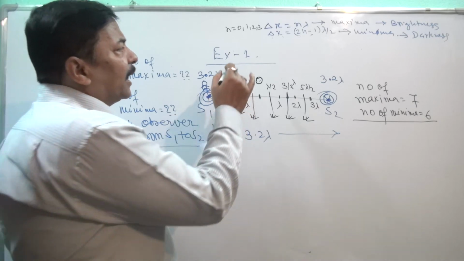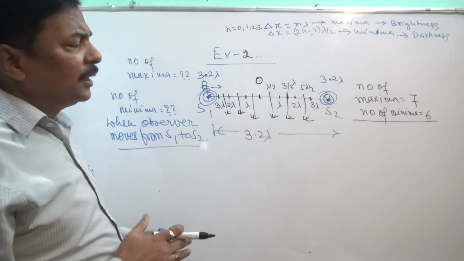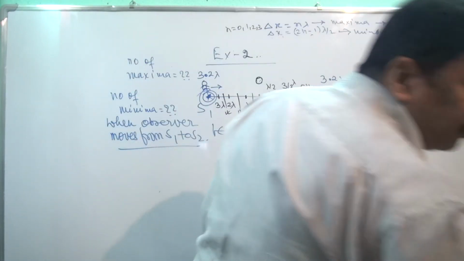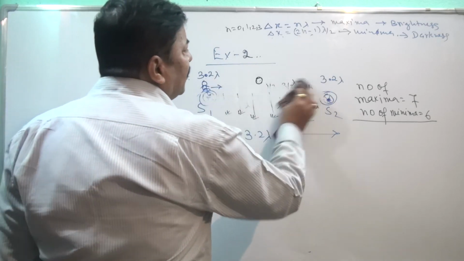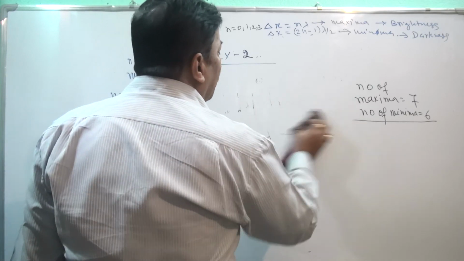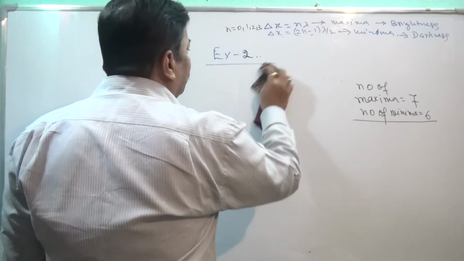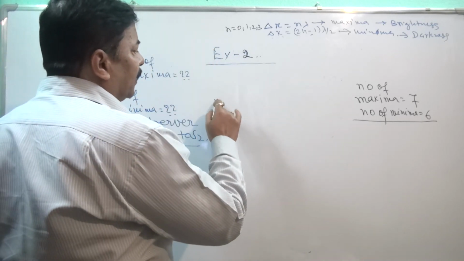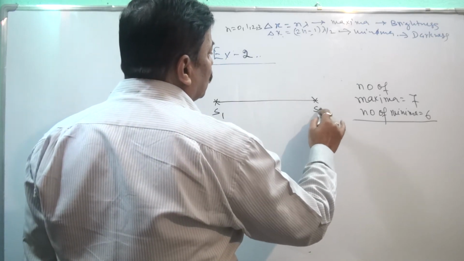Now in the second example, the same question is there. Only thing is that I will slightly change the value in the same question. Here I gave 3.2 lambda, and now in the same question the source S1 is here and the source S2 is here.